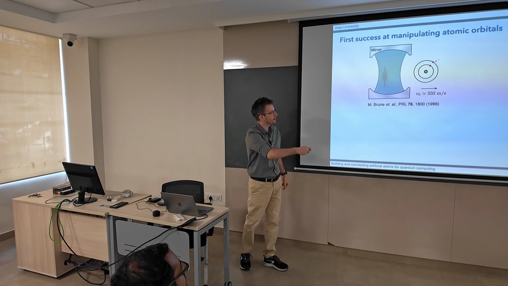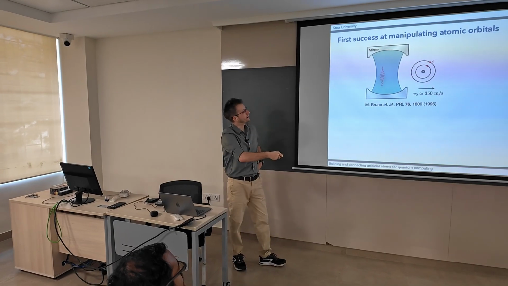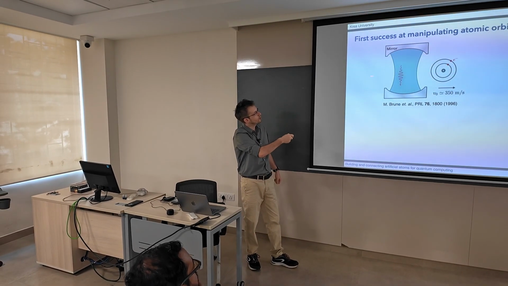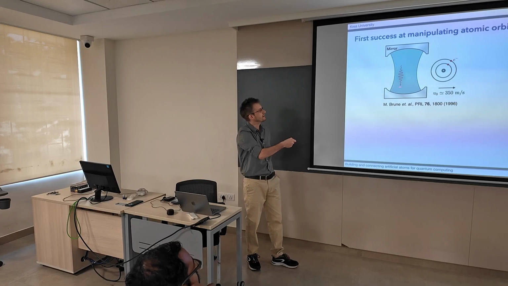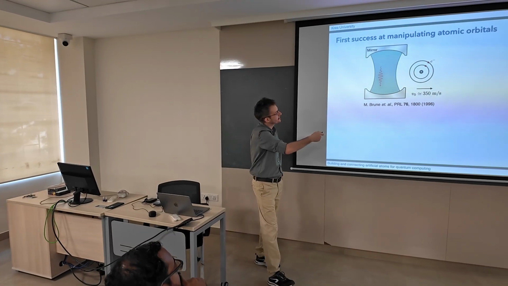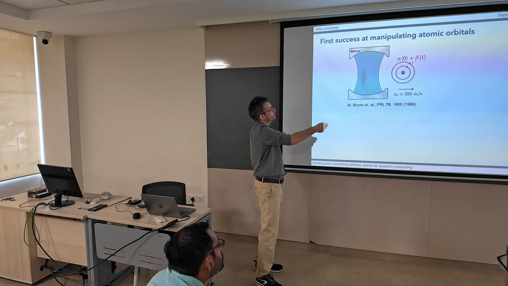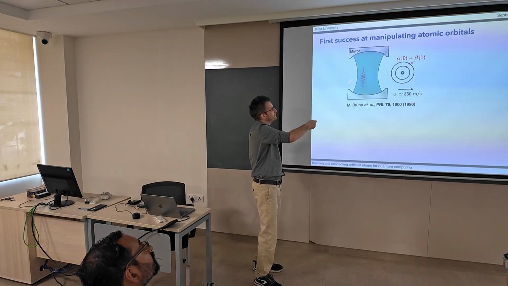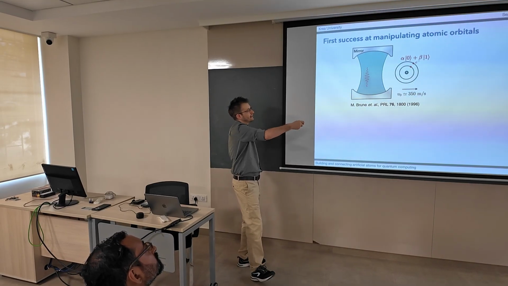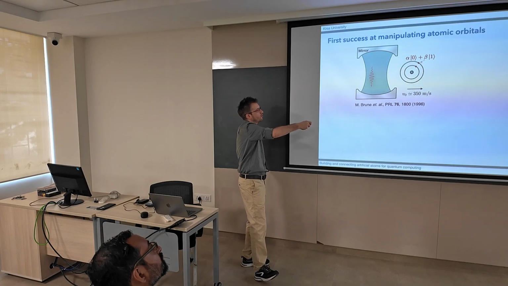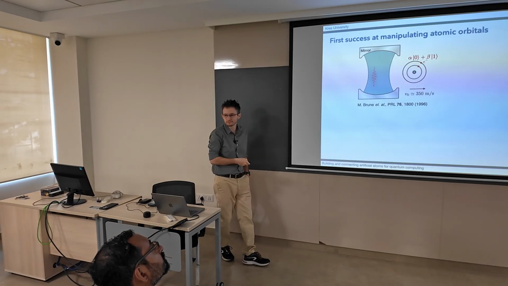It goes at about 350 meters per second, and the speed tells you how much it interacts in there. So at the end of its travel through the cavity, it will end up in a superposition of 0 and 1, because it will have emitted a photon, and in general it will end up in a superposition of both these orbitals.